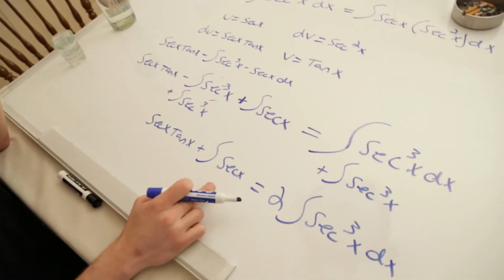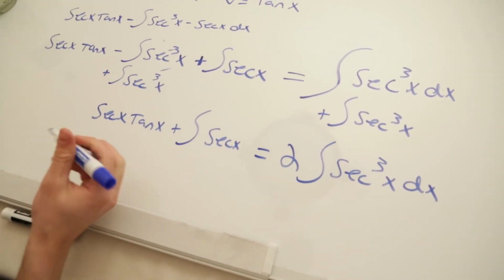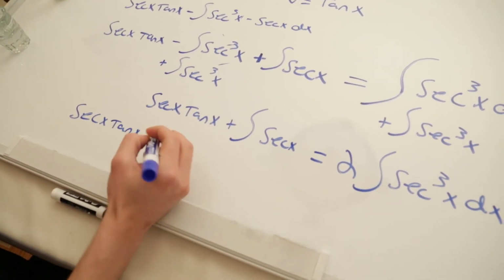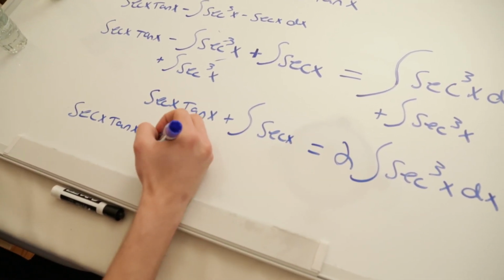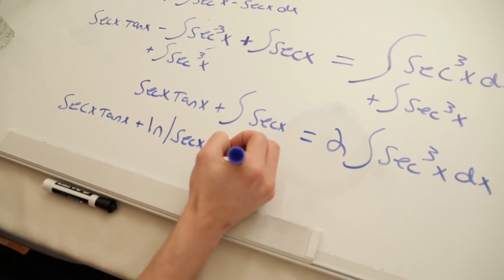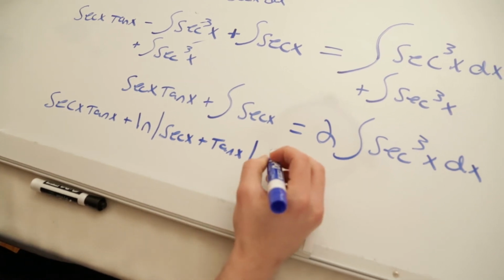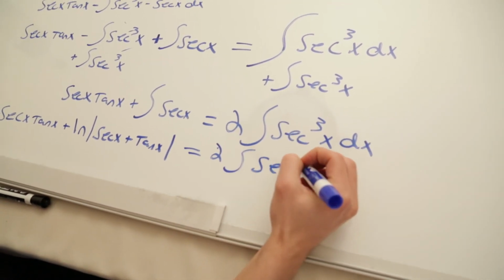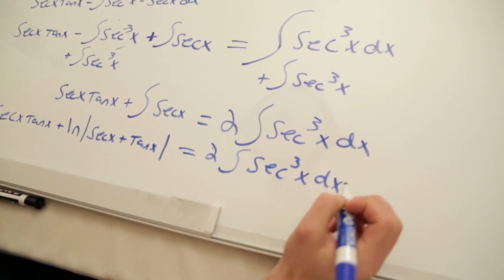Now it's game over, because one of our integral rules, we already know what the integral of secant x is, so we can rewrite this. The integral of secant x is ln of secant x plus tan x. And now that all equals 2 times the integral of secant cubed x dx.